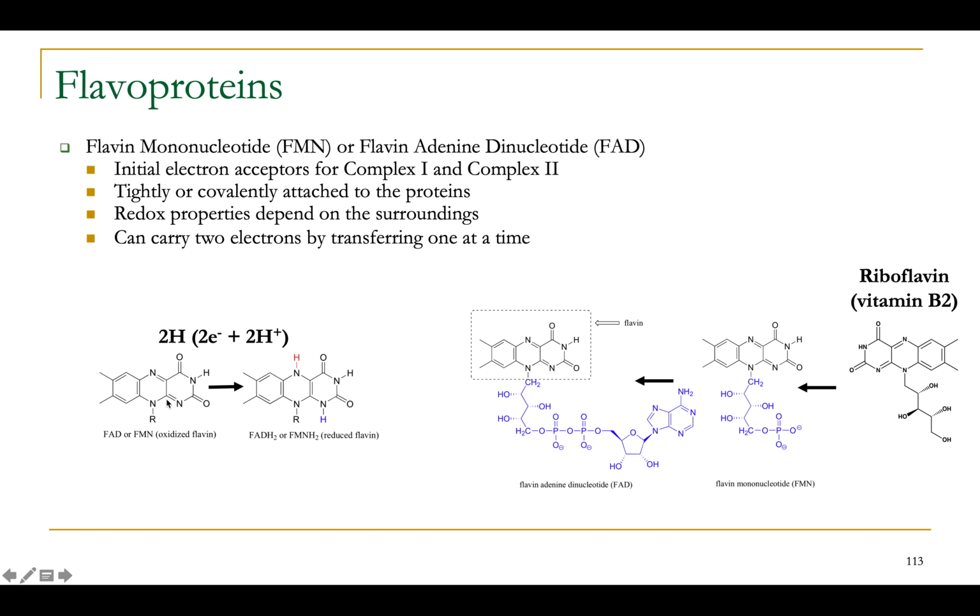Importantly, this difference, and as a consequence the electron affinity, is highly dependent on the surroundings, on the context in which this flavin moiety is present. So different flavoproteins, generated in different contexts, have different affinities for electrons, different redox properties.